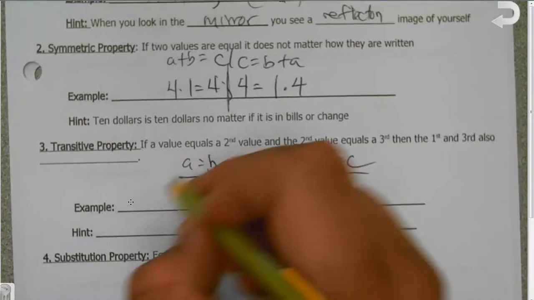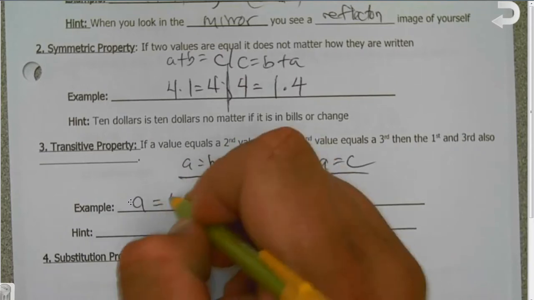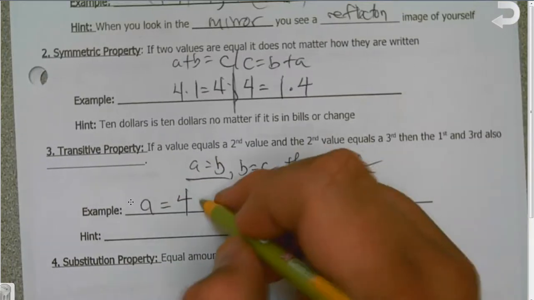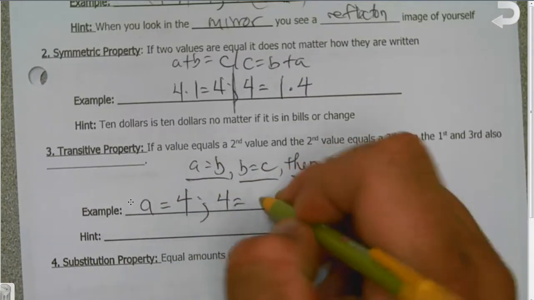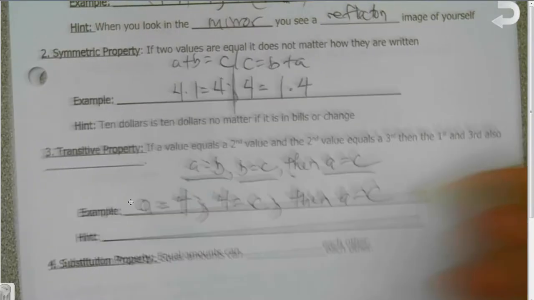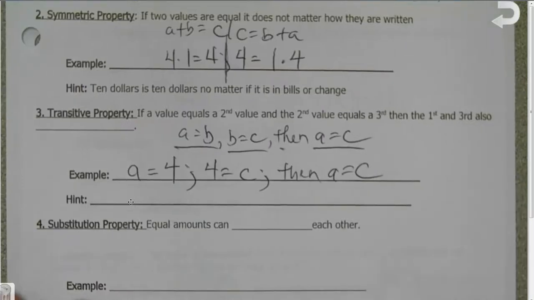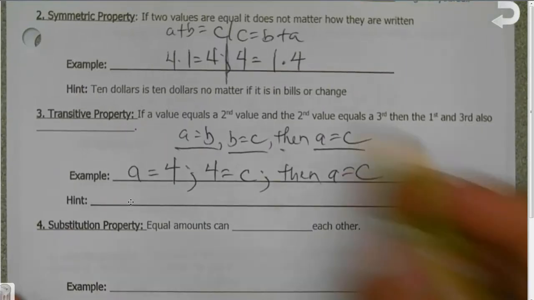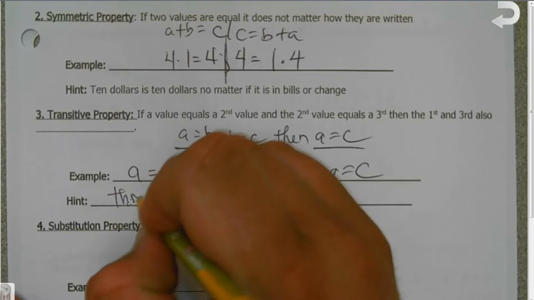So if A is equal to 4 and 4 is equal to C, then A is equal to C. And again, my hint is 3. 3 things should be happening.